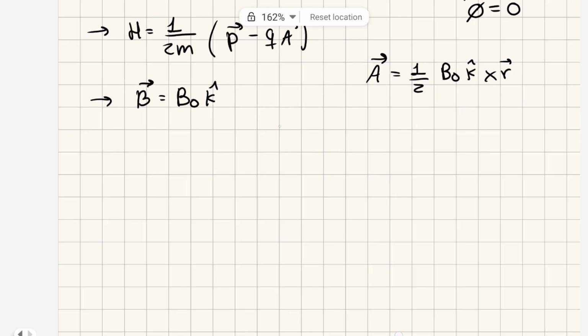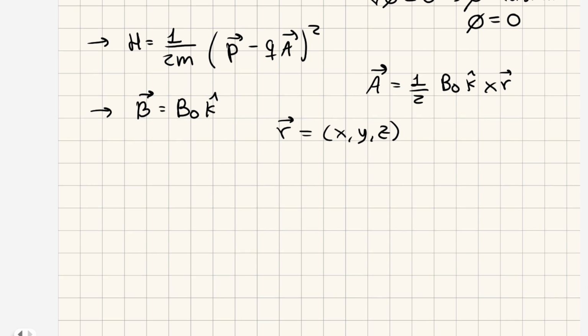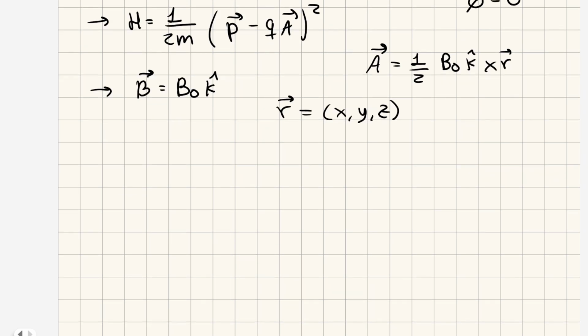The vector r is the one that points to the particle, of course. So to calculate the vector potential in this expression, we need to first calculate this cross product.